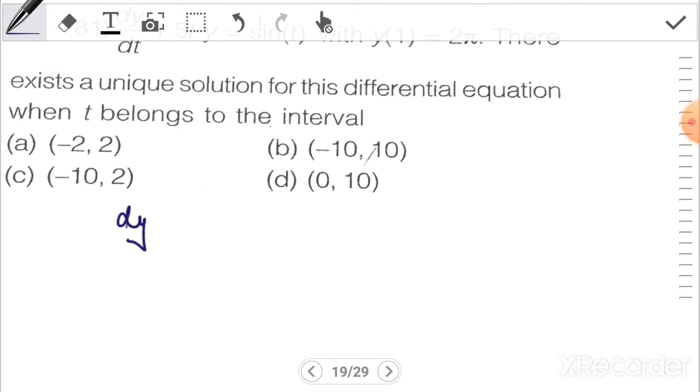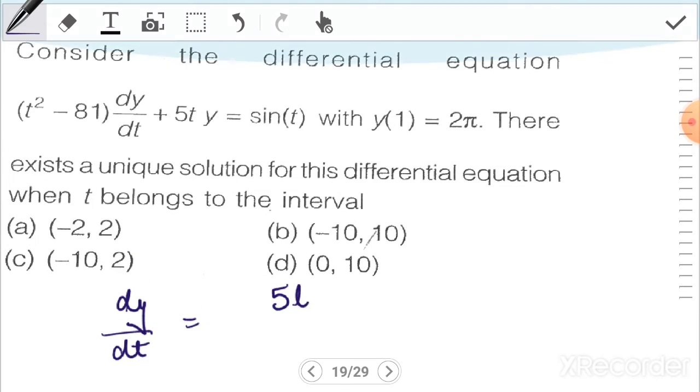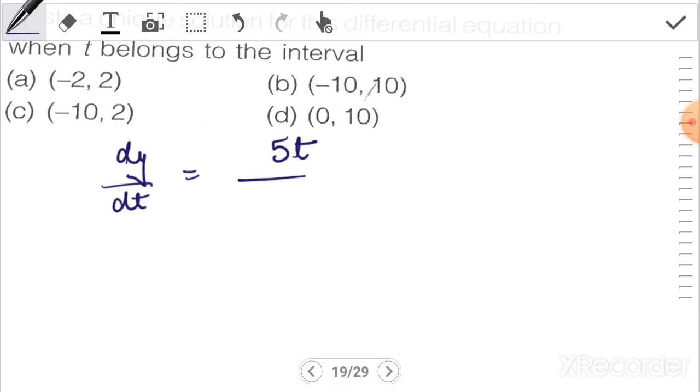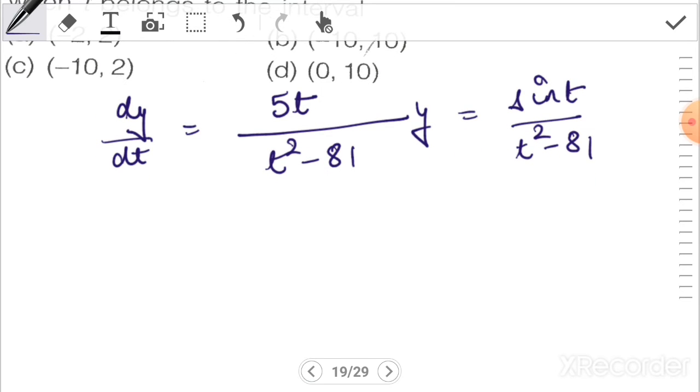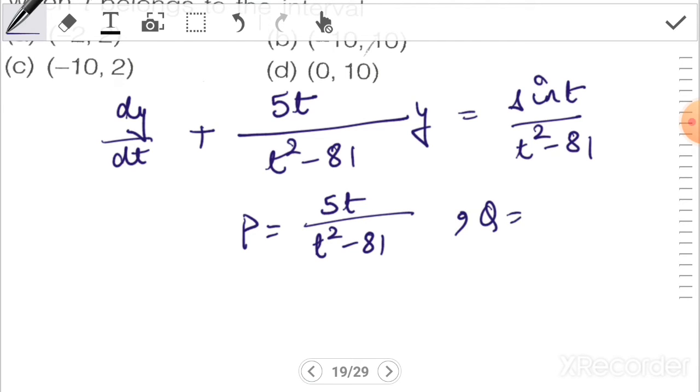So dy/dt = -5t/(t² - 81) y + sin t/(t² - 81). Actually, written in standard form, this is linear Leibniz form, where p = 5t/(t² - 81) and q = sin t/(t² - 81).